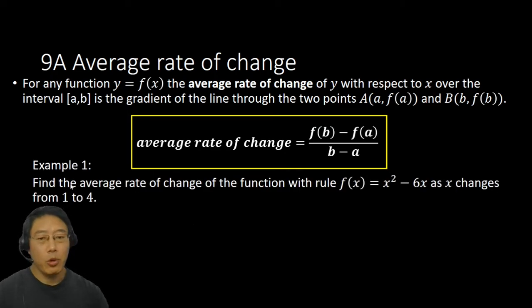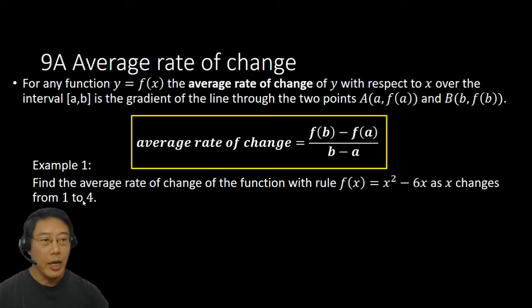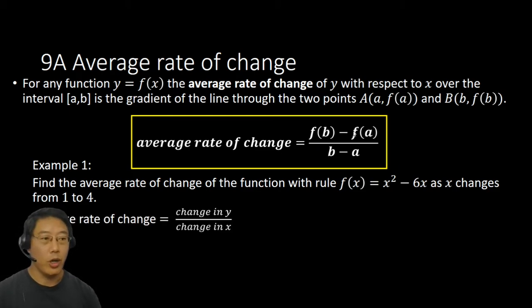Okay, so for example, just a simple skill application. You have your function, it's a quadratic. It's asking you to determine the average rate of change between 1 and 4. So you always take the smallest value to be your starting point, which is your a equals 1 and b equals 4. You substitute to find the y-coordinates and you apply the formula.